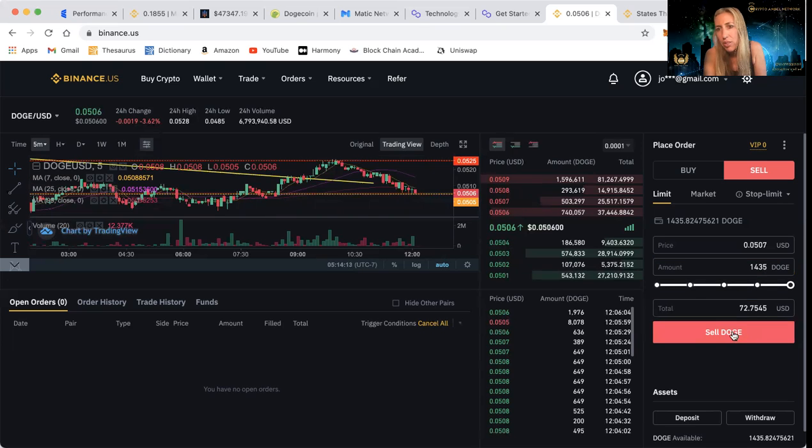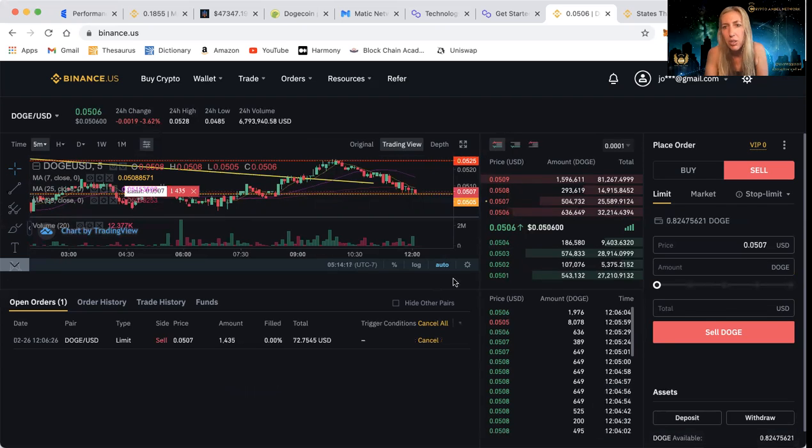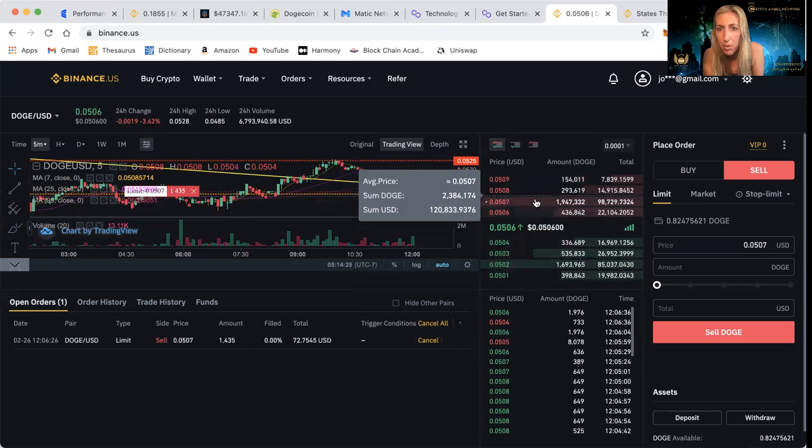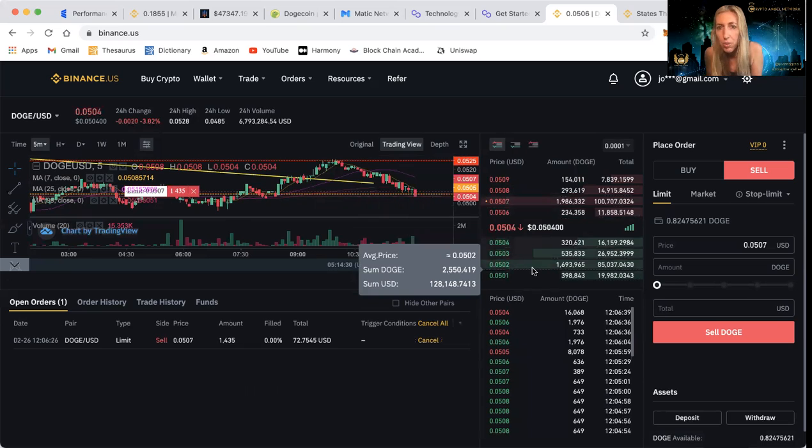Let's say 507. Sell the Doge. Come on. Limit order created. Here we are. Is it going to go? And the people that held out at 509, you see how they're moving it? They're just moving, trying to sell and get on the books.